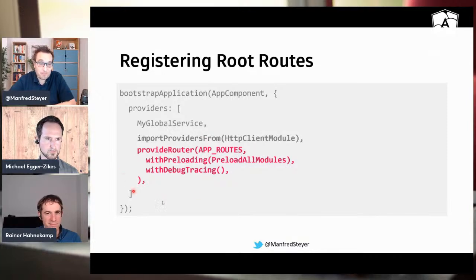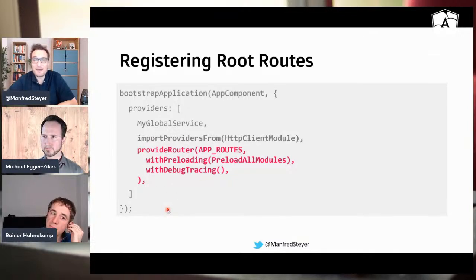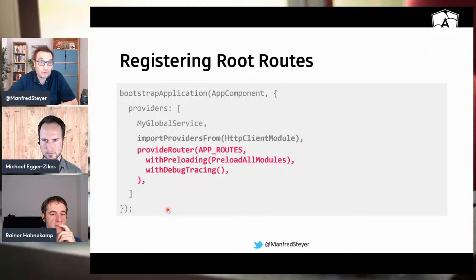Plus, we are also passing in some additional features. Also, this is a pattern that comes from the Angular team, and they want us to also use this pattern for our libraries. Those additional features like preloading or debug tracing, there are some additional ones, are activated by passing the result of those functions in here.